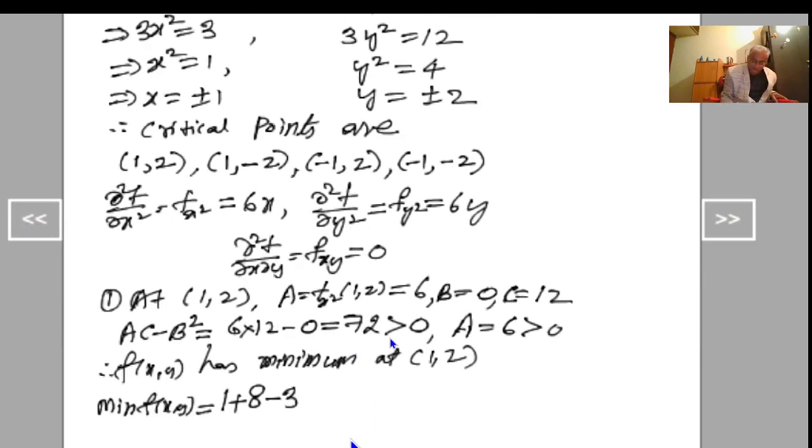Minus 3 into 1, minus 12 into 2, which is 24, plus 20.